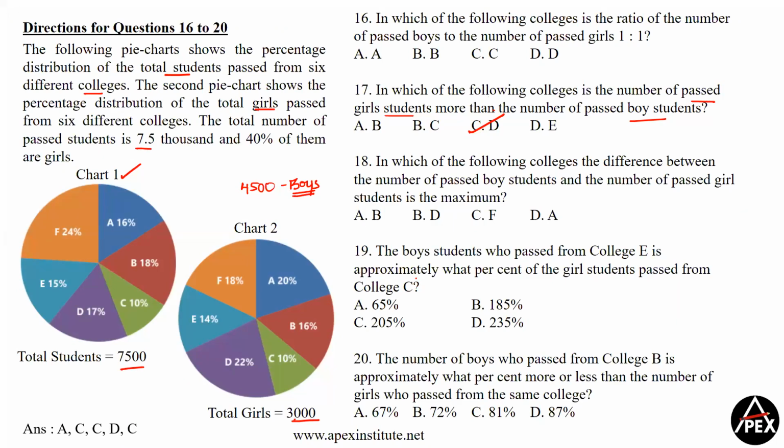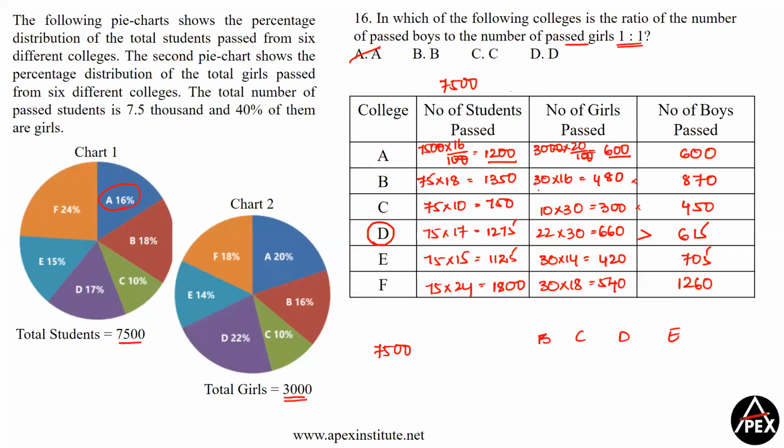Now, in which of the following colleges is the difference between the number of passed boy students and the number of passed girl students maximum? Okay, so the options are B, D, F, A. Can this be A? No, because the number of girls passed is equal to the number of boys passed. The difference should be maximum, isn't it?